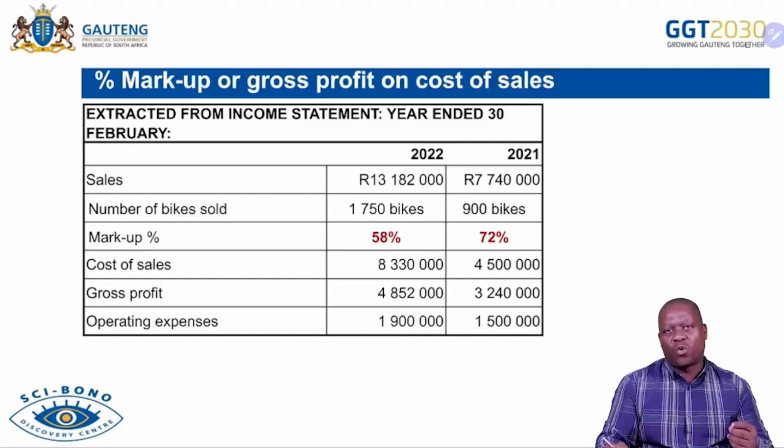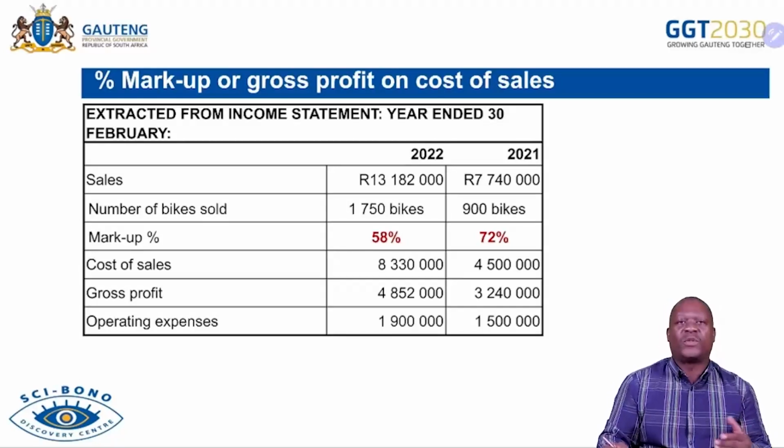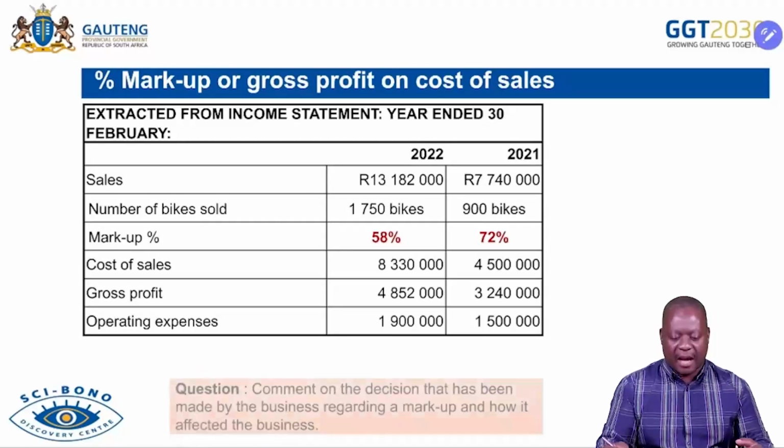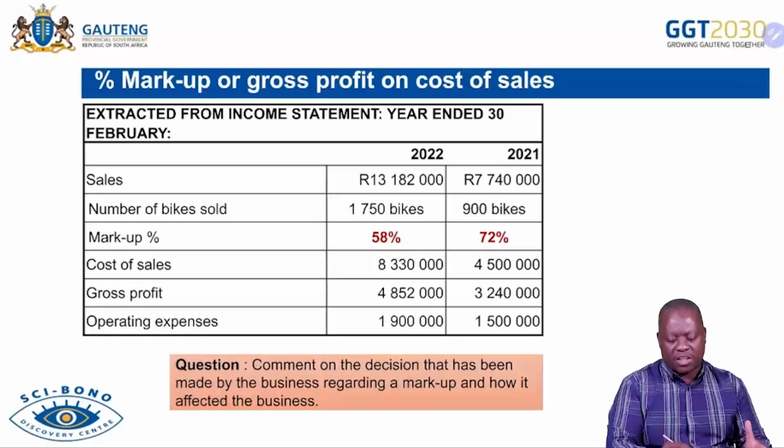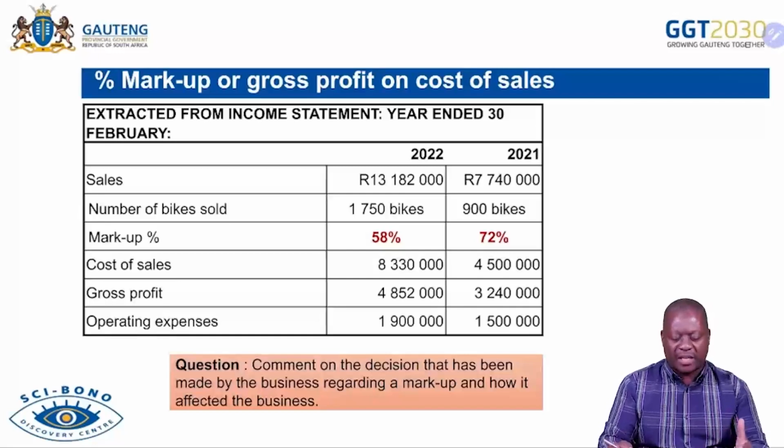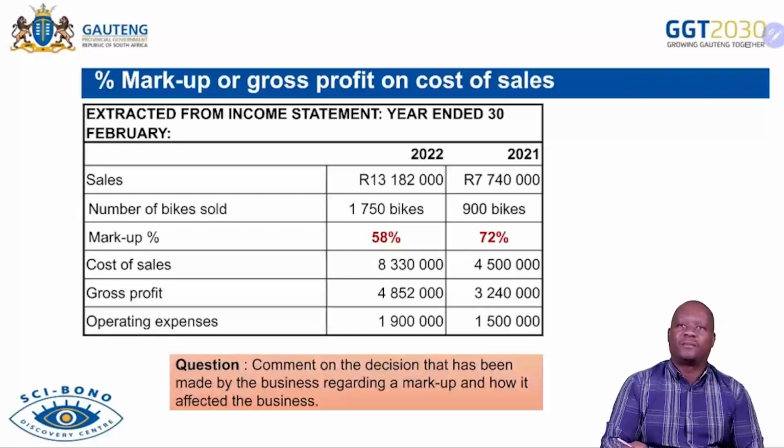Now, we want to look into a comment that we can make with regard to the effect of this markup on what happened. If you check, there's a follow-up question which says, comment on the decision that has been made by the business regarding the markup and how it affected the business. So let's look into our information.